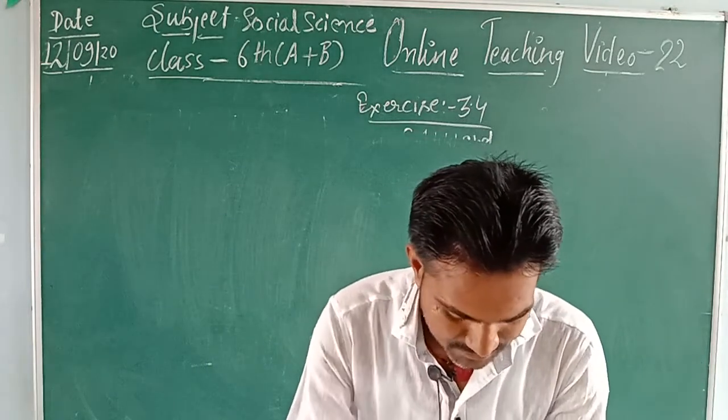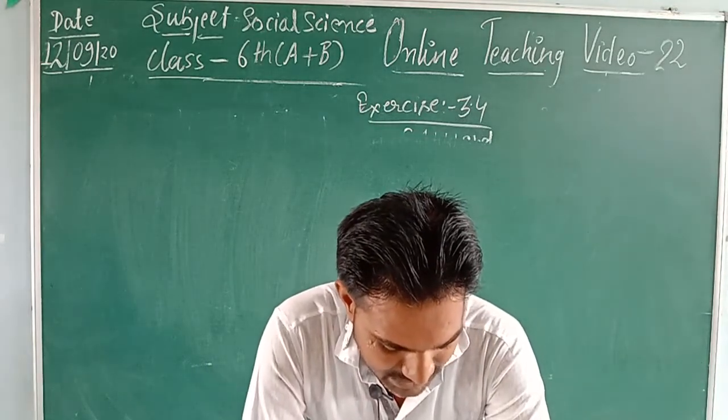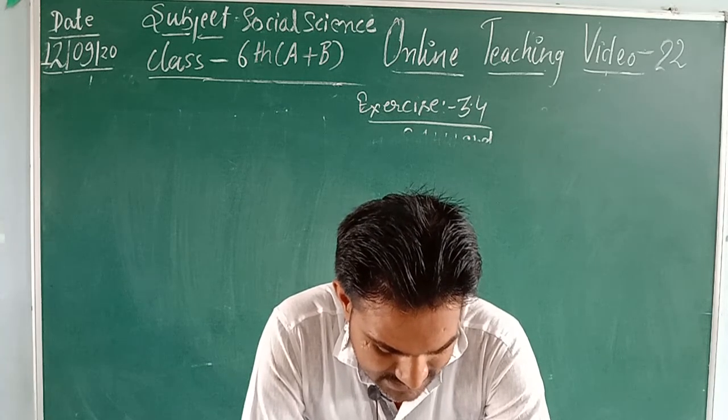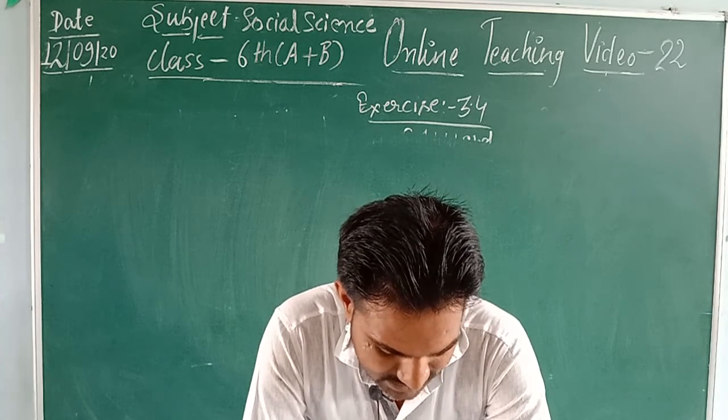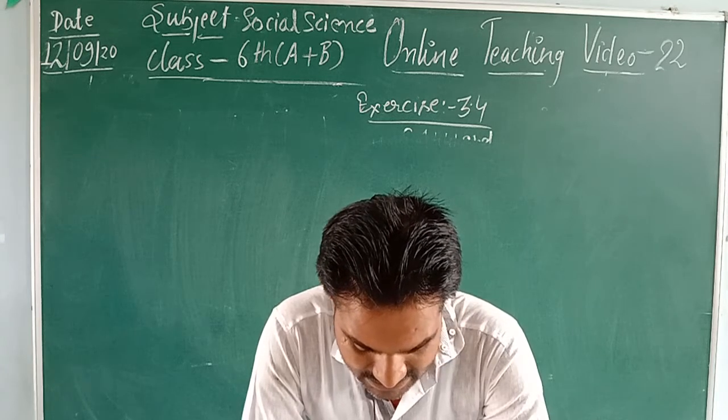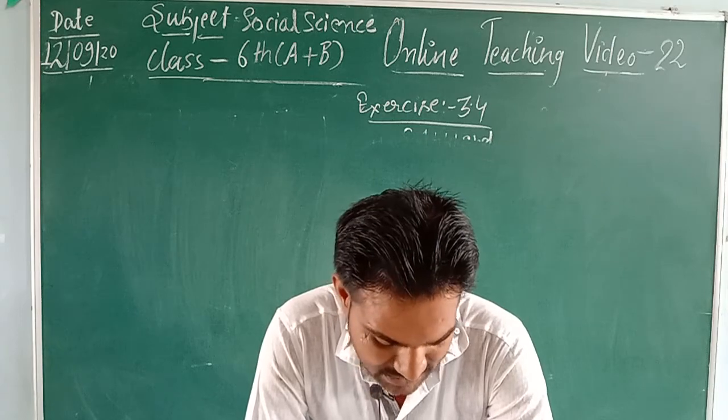Question number 7: find the greatest number that will divide 398, 436 and 452, leaving remainders 7, 11 and 10 respectively.